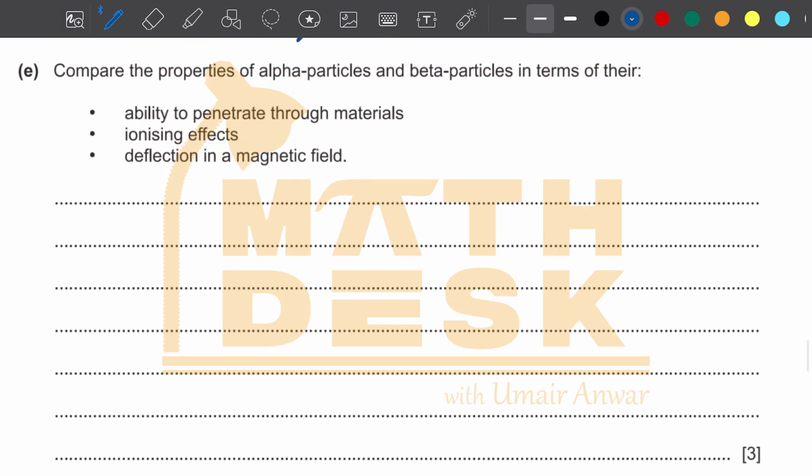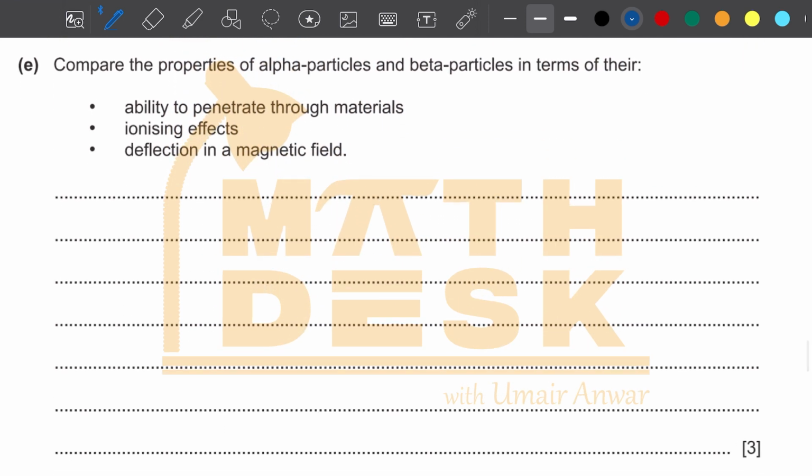Compare the properties of alpha particles and beta particles in terms of their ability to penetrate through materials, ionizing effects, and deflection in a magnetic field.